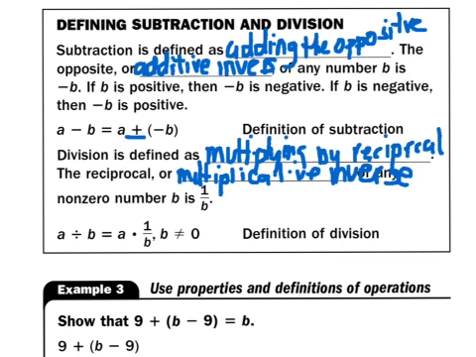So if you are talking about a divided by b, say 3 divided by 1, we can also think about that as being a multiplication problem, 3 times 1 over 1. Okay? And that's the definition of division.